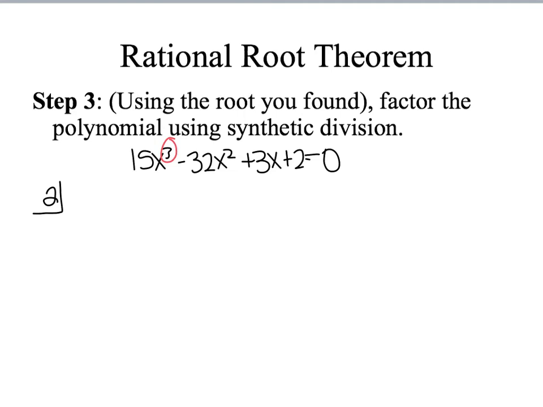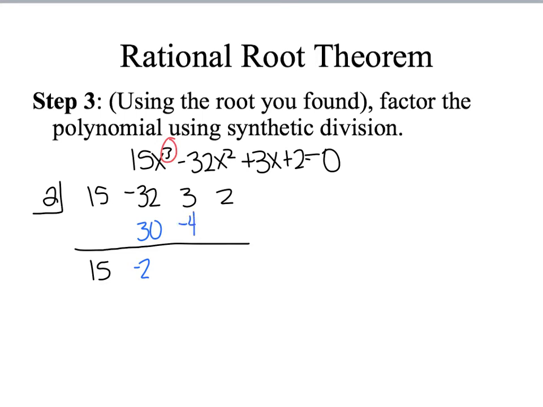So let's do the synthetic division process. You want to take the coefficients of your polynomial. We do not need any placeholders. And we're going to drop down the 15. 15 times 2 is 30. -32 plus 30 is -2. -2 times 2 is -4. 3 plus -4 is -1. -1 times 2 is -2.